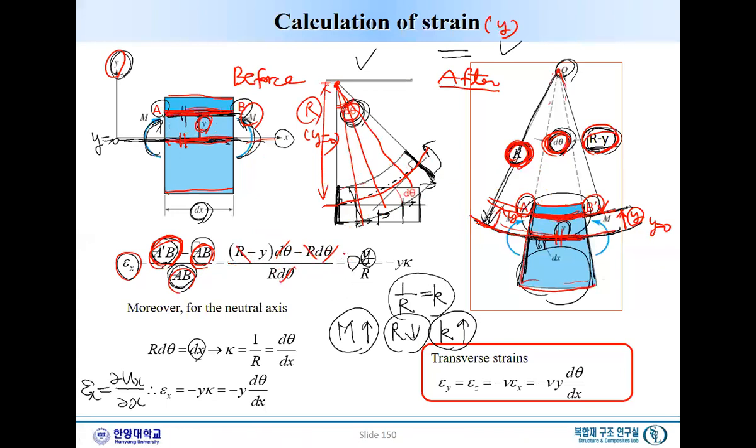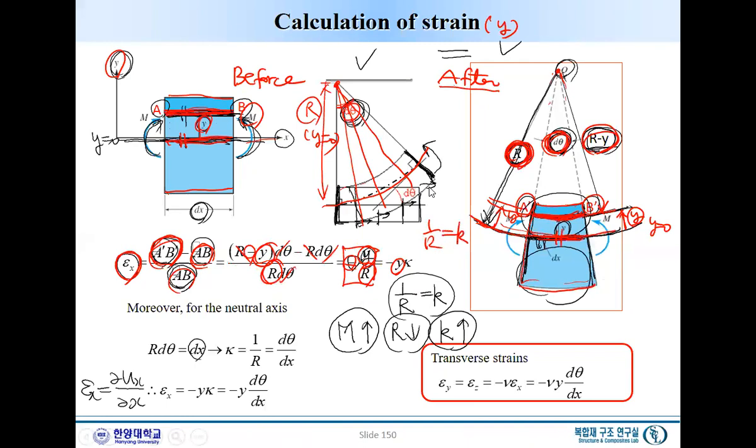Let's take a look at what is left: minus y over R, minus y and R. So please keep in mind that epsilon x in this direction, as a function of y, is 1 over R. Let's call 1 over R K.